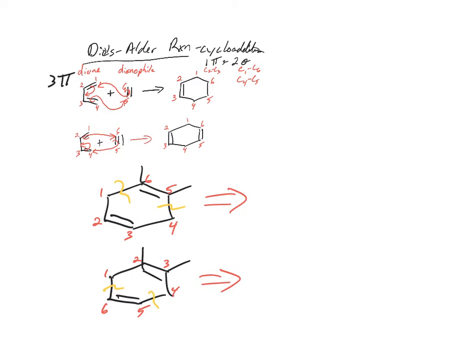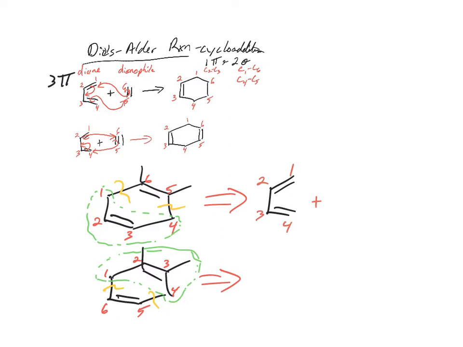So my diene is there, and my other diene is there. So my basic diene structure, and this first one would be like this. 1, 2, 3, 4, plus my dienophile is going to be what?